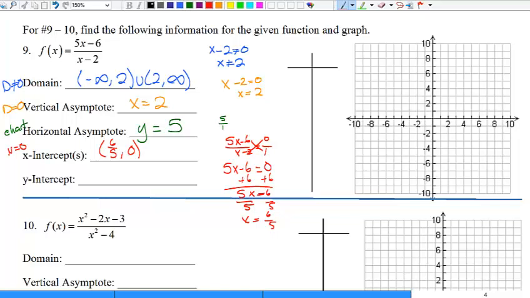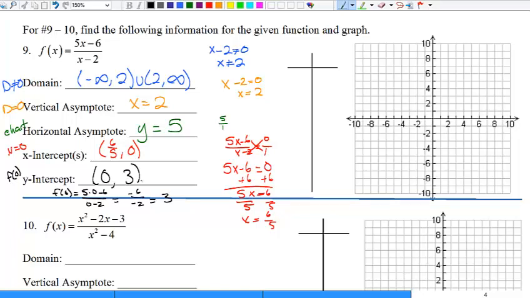For the last piece, the y-intercept, I just plug in 0, f of 0, similar to how we found it in other problems. f of 0 is 5 times 0 minus 6 over 0 minus 2. That's negative 6 over negative 2, which is positive 3.